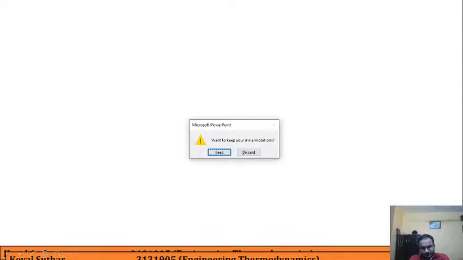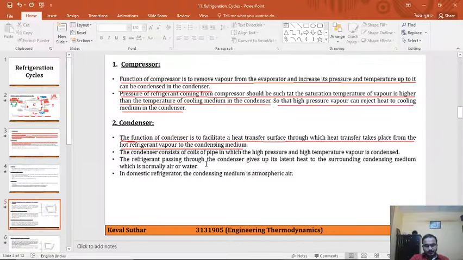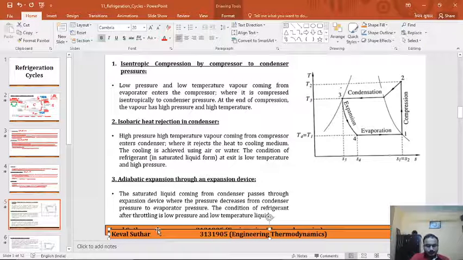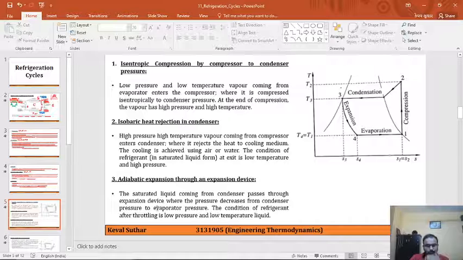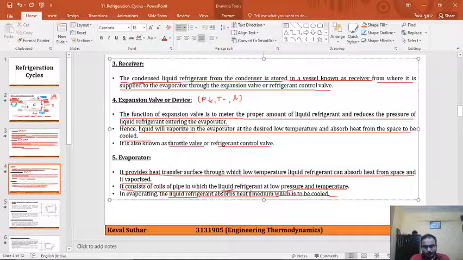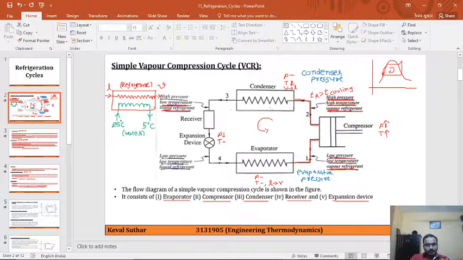Regarding this component, we have already discussed this portion where we discussed about evaporator, where here it is getting evaporated and it is consuming heat from this cooling medium.